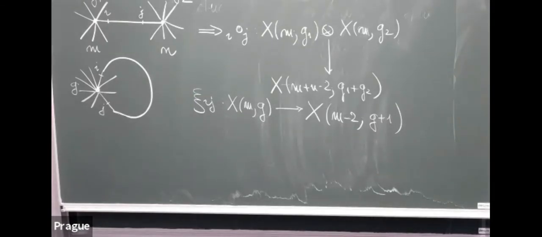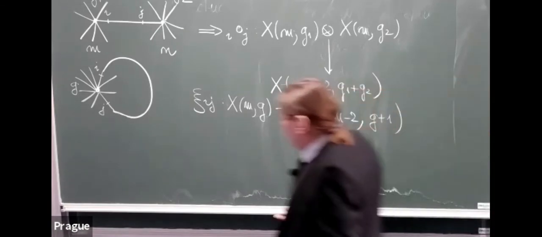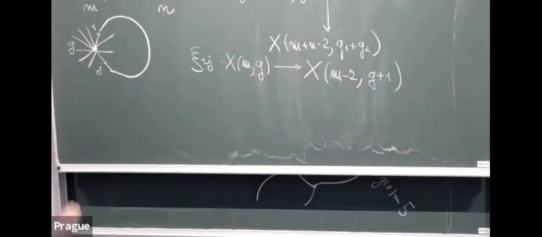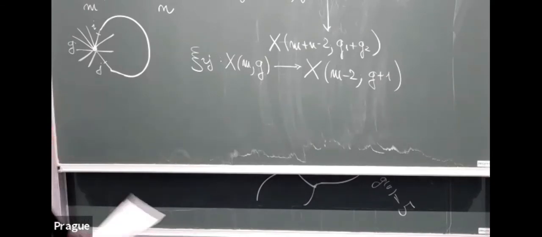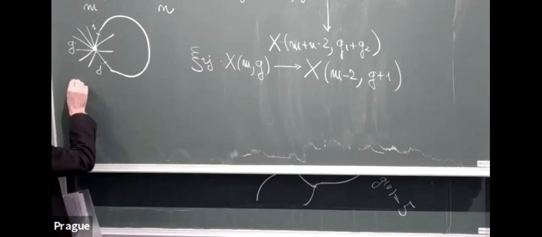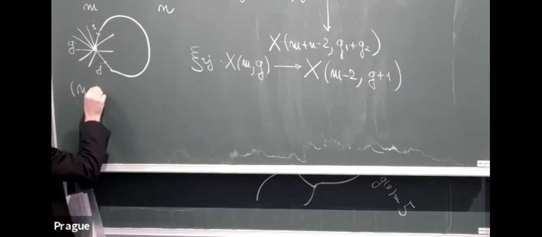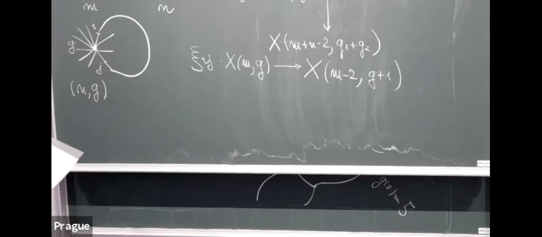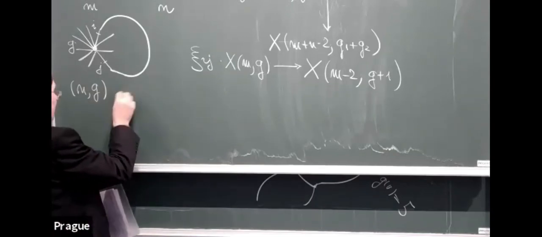As I say, everything is very heavily motivated by geometry. There is a notion of stability which was taken by analyzing the case of stable curves. I'll present a very short and simplified definition. I say that a couple (n, g) of natural numbers is unstable, or not stable.